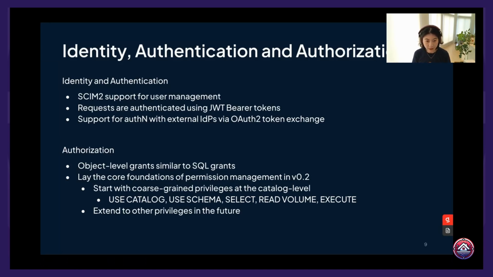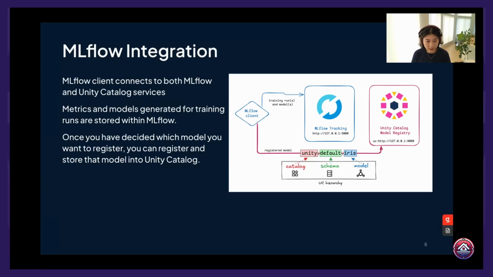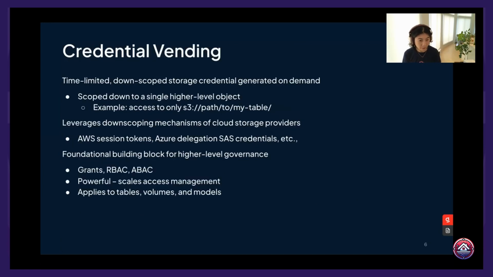I do want to touch on, and stop me if this is going too in the weeds, something I mentioned earlier, which is credential vending. You may be asking yourself, okay, great, I've authenticated and I've been granted privileges to use or read from different objects, but how is that actually enforced? How this is enforced is with a mechanism called credential vending that Unity Catalog does.